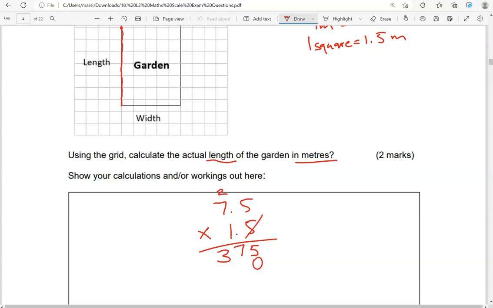Putting a 0 down, 1 times 5 is 5, and 1 times 7 is 7. Adding these two together, 5 and 0 gives us 5, 7 and 5 gives us 12, so 2 down, 1 carried over. 3 and 7 is 10, and the 1 is 11. We're going to give the answer to 2 decimal places, so we've got 11.25 meters.